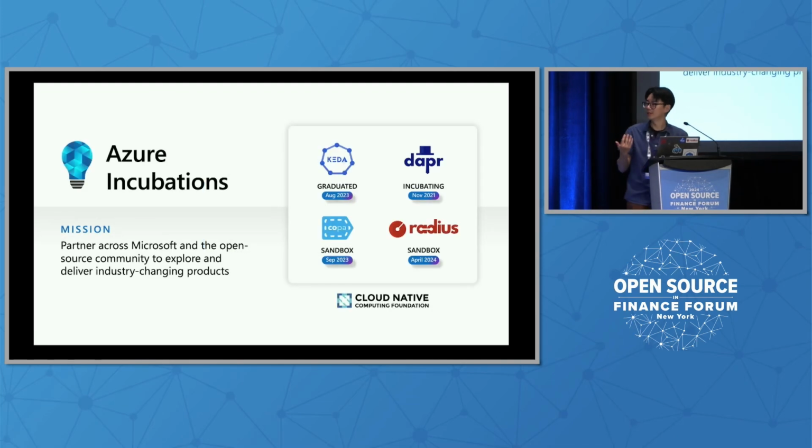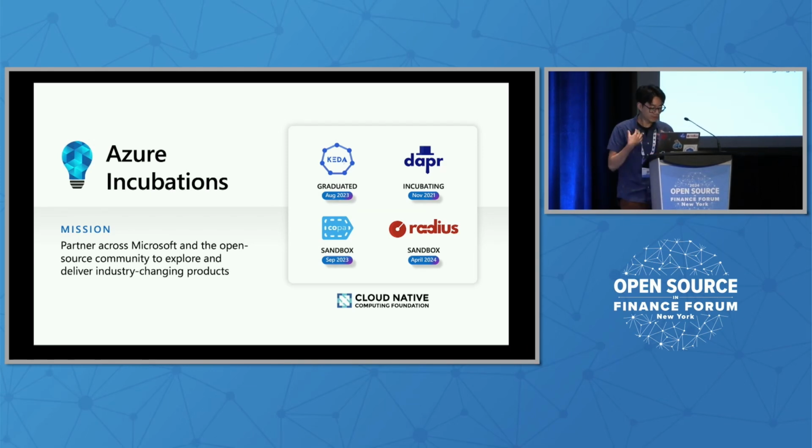So before we jump into Radius, I wanted to give you a brief overview of the group that I'm from at Microsoft Azure. I'm from the Azure Open Source Incubations team, and we are reporting into the Azure Office of the CTO. Our charter is to work across the company and open source community to solve problems that benefit the industry at large, and not just Microsoft and Azure customers, but the industry all up.